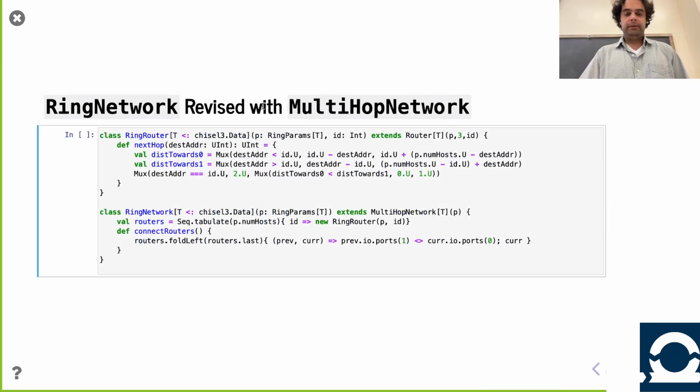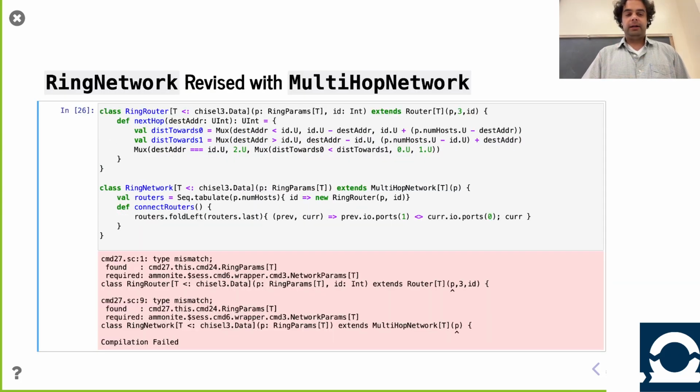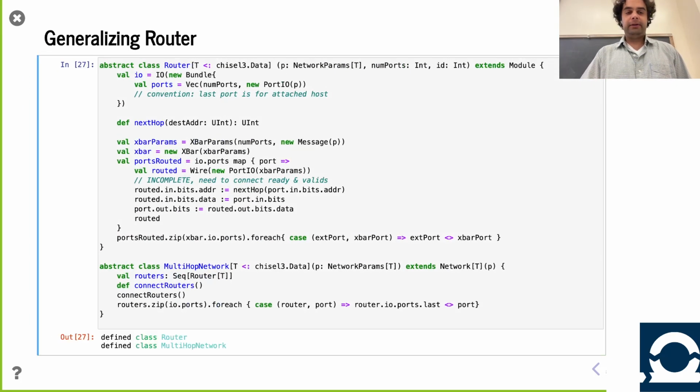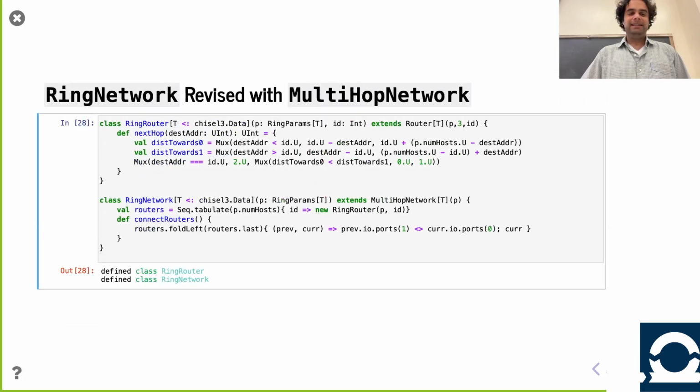So look at this, right? For a ring router from before, to re-implement that same functionality, this bidirectional ring, we just need to describe that next hop logic. And then the rest of the stuff carries over for free if I ran this code first. And in the ring network itself, we just have to describe the connection process.